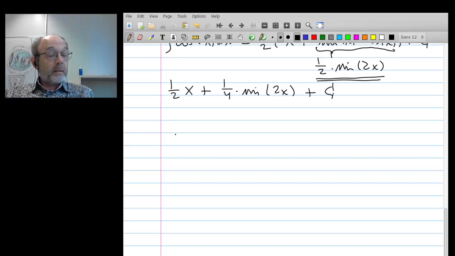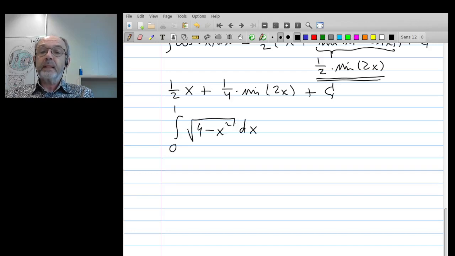And that what I want to do is this one here, the integral from 0 to 1 of the square root of 4 minus x squared dx, and then how to solve this one. Now here, really I have no idea directly what I can do.